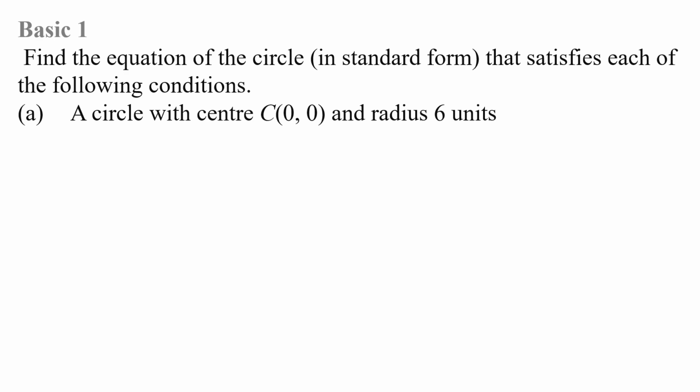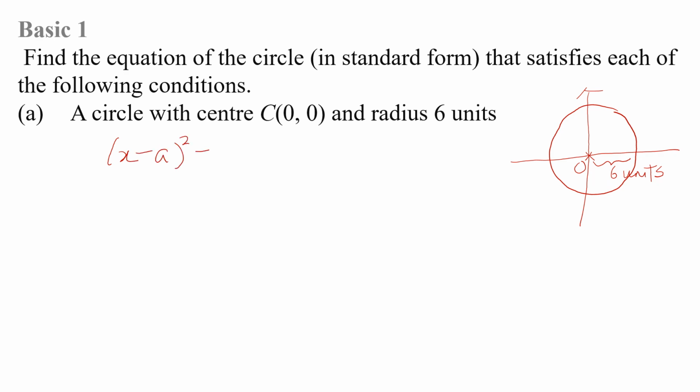So if you have a circle with center (0, 0), this is how your circle will look like. Right, so let's write down the formula for the standard form of a circle, which is (x minus a) squared plus (y minus b) squared equals r squared.